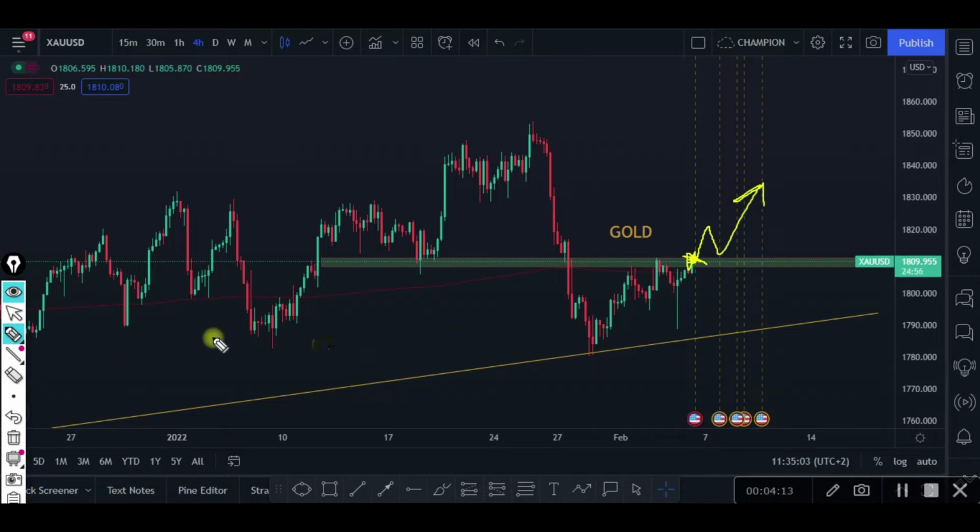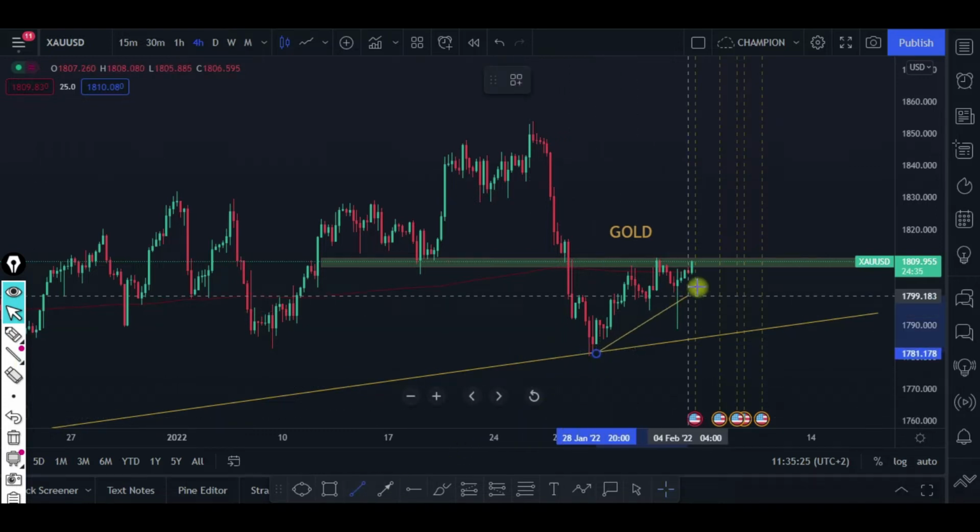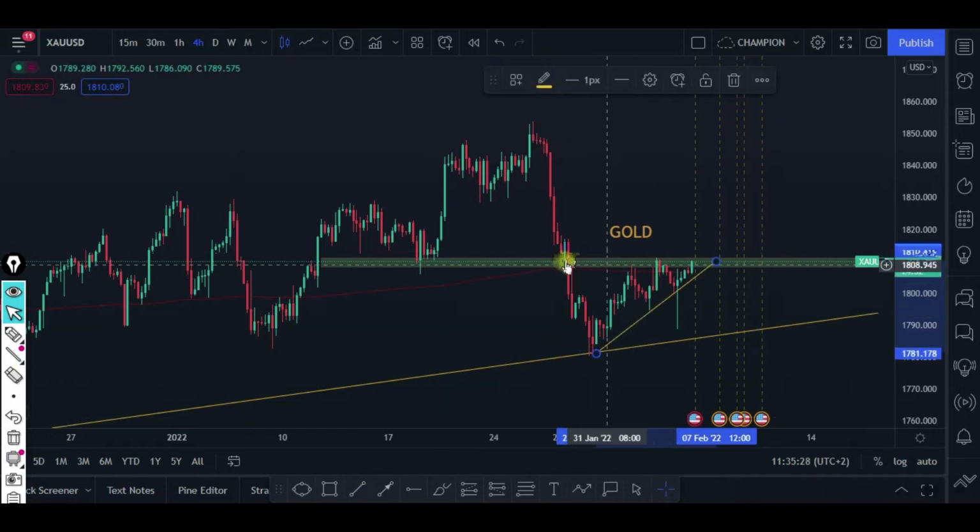And then if the market doesn't break this area, we could have something like this, and maybe it might respect this overall support area here. I hope you guys are able to see what I'm trying to show you. When I'm looking at this market, it seems like we are having an ascending wedge.